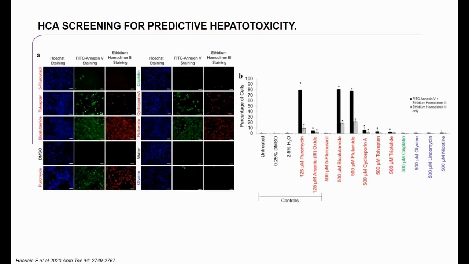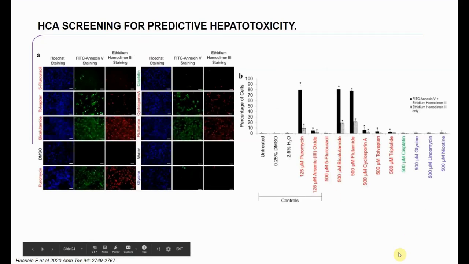And so what they first did was just to look at these HepaRG cell lines. They just used standard cytotoxic measurements, annexin V for looking at apoptosis, and ethidium homodimer 3 for looking at cell permeability, and then looked at a panel of cytotoxic hepatotoxic compounds and non-toxic compounds to see if they could measure these with this system.